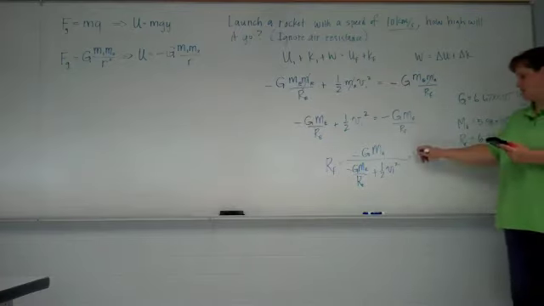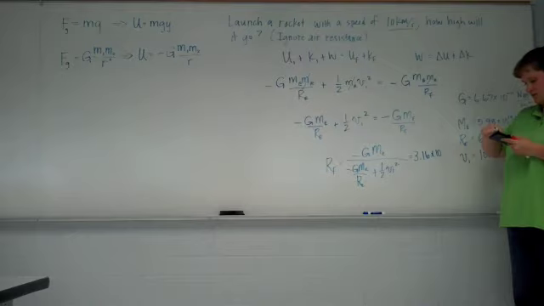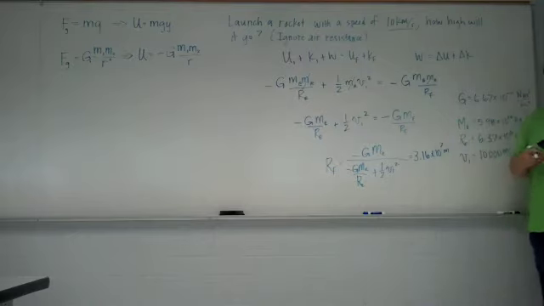Those of you plugging it in, let me know. I get 3.16 times 10 to the 7th meters. Where will this be measured from, by the way? Center of the Earth out to where the rocket is now. So does that quite answer the question?